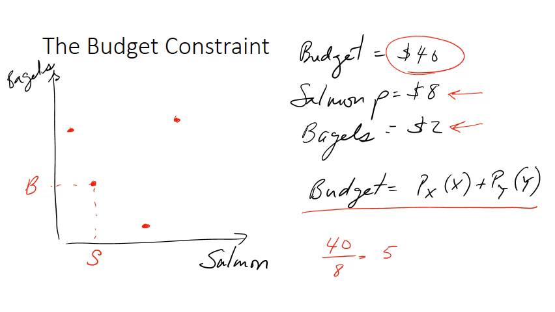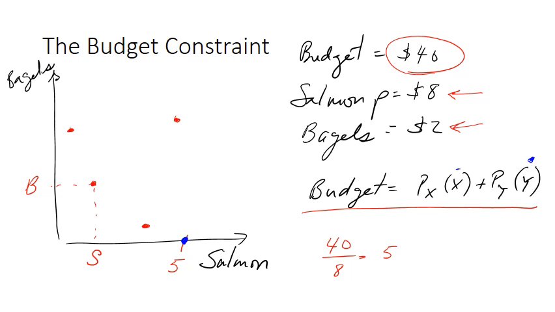And this tells us that if we were to spend all of our budget on salmon and none of it on bagels, we would be able to get 5 salmon and 0 bagels. In essence, we decided that y equals 0, and then we solved for what amount of x we would be able to buy if we spent all $40.